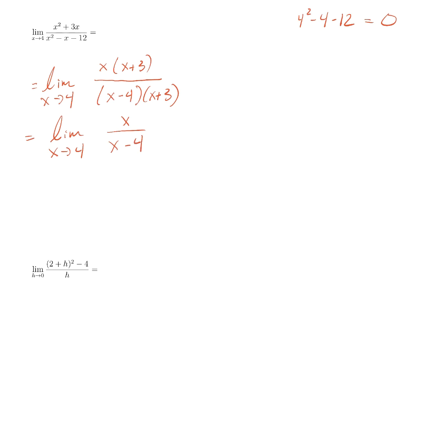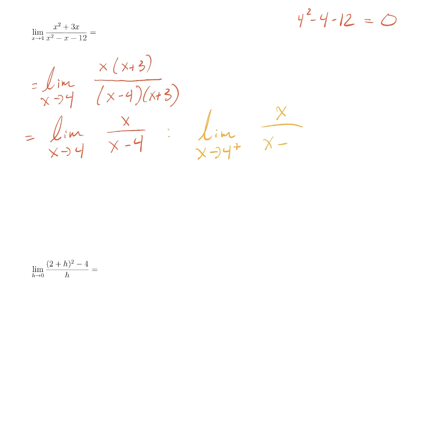That simplification doesn't seem to have resulted in something where we can directly substitute. So now we need to think about what is happening here. Let's think about this one step at a time. If this limit is going to exist, we would need to think about the right-hand limit and the left-hand limit.